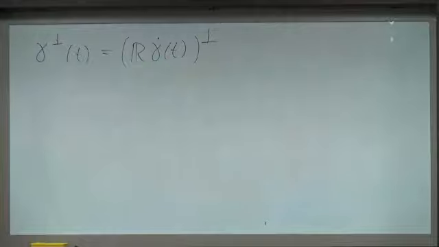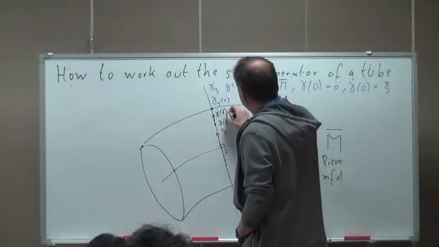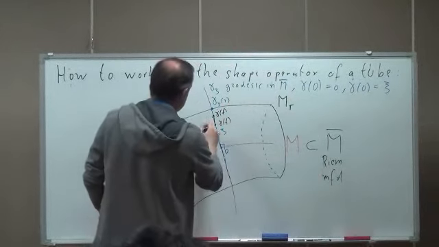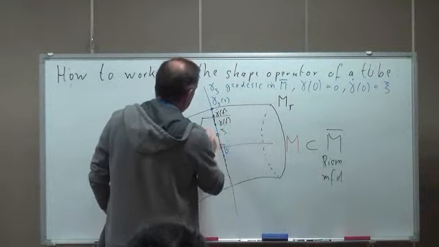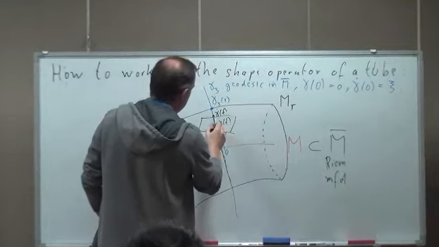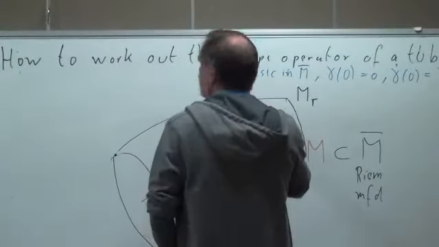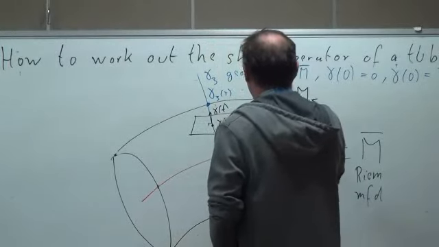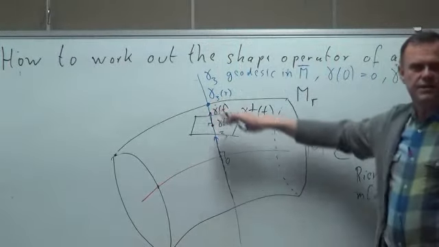Suppose we have gamma of t, there we have gamma dot of t. What we take is the plane which is perpendicular to the vector of the geodesic.